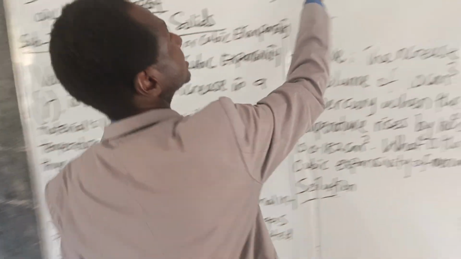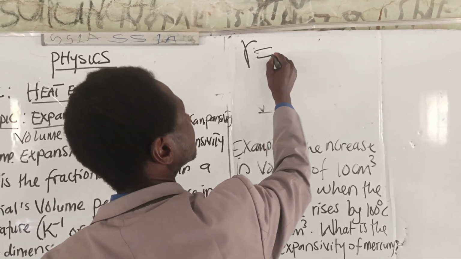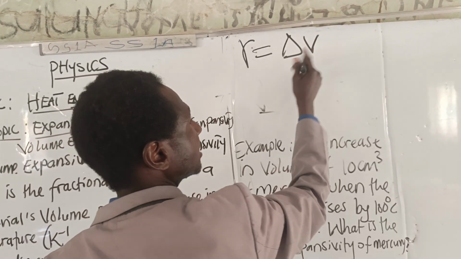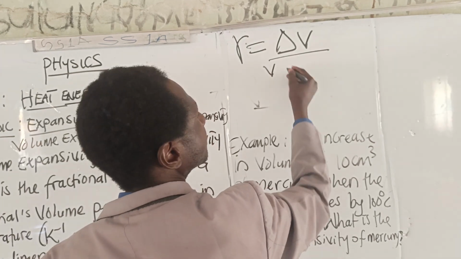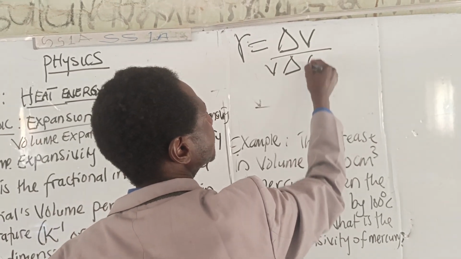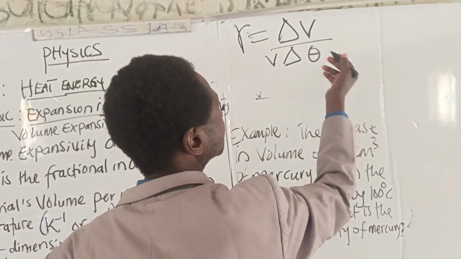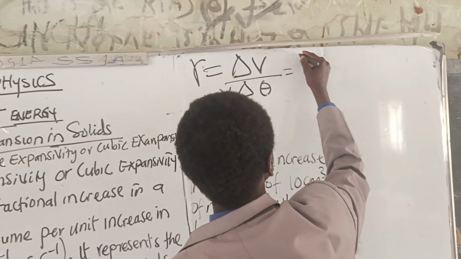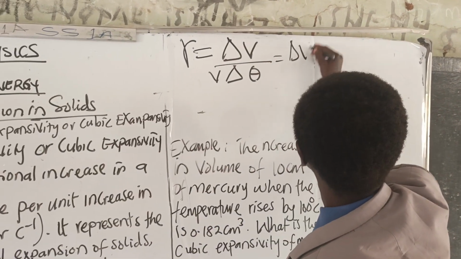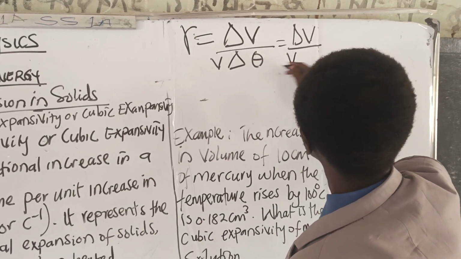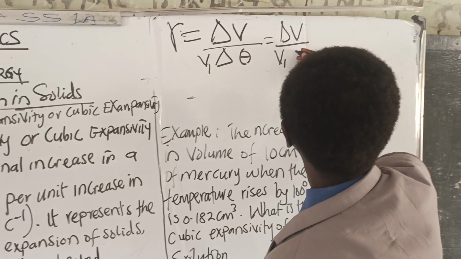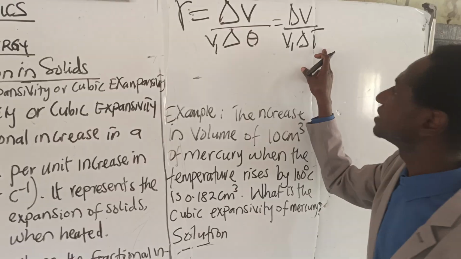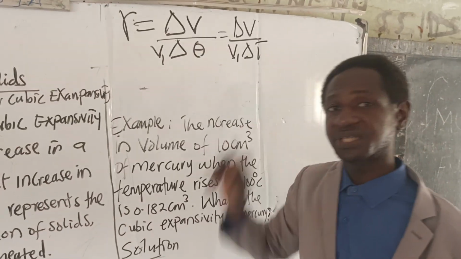This volume expansivity is the same thing as delta B, which is change in B, all over B1, then delta theta, which is change in temperature. It is also the same thing as delta B all over B1 delta T, because theta and T both mean temperature.